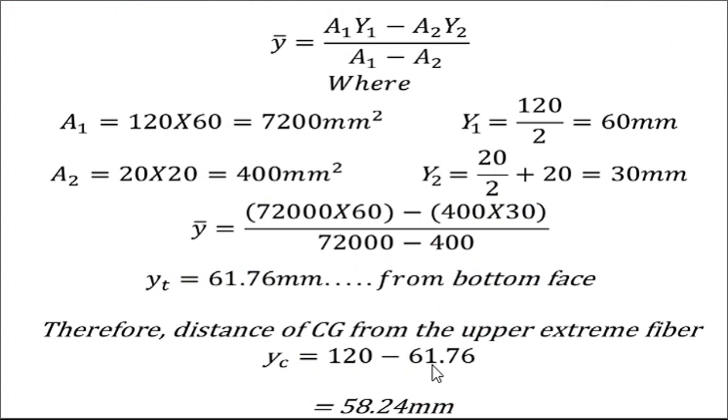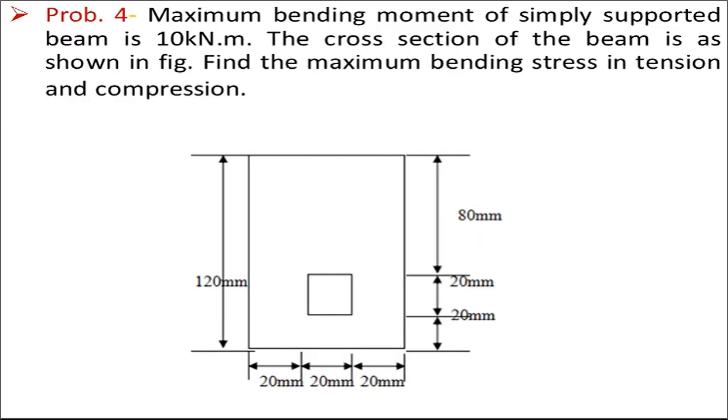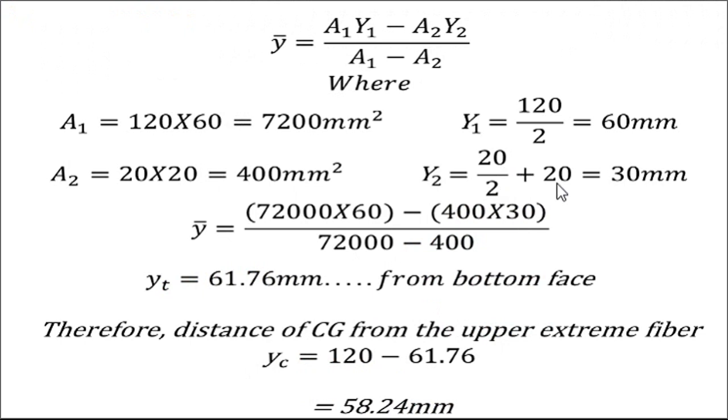And y2, how to determine y2? It is the centroid of that square hole, 20 plus half of 20. We are finding the distance from the bottom face of this section, and the height of the square hole is 20. So you have to come to the centroidal axis of this square hole, so 20 divided by 2 plus 20, so the value is 30 mm.